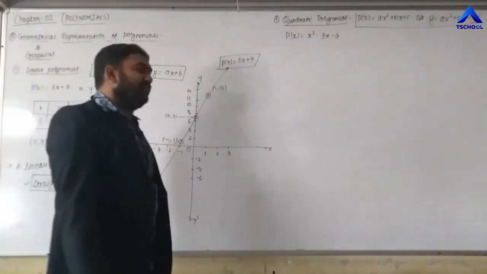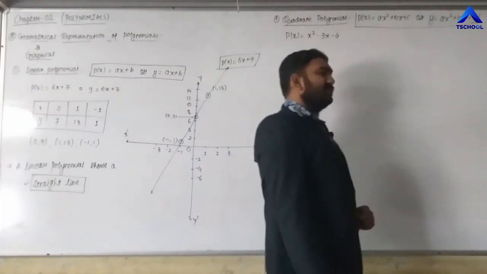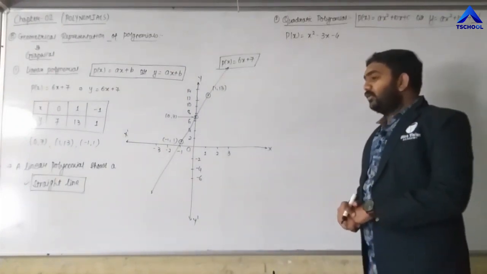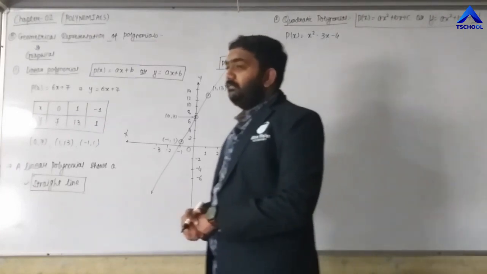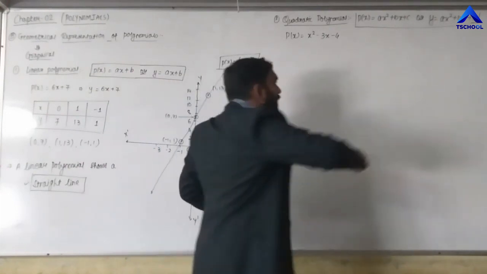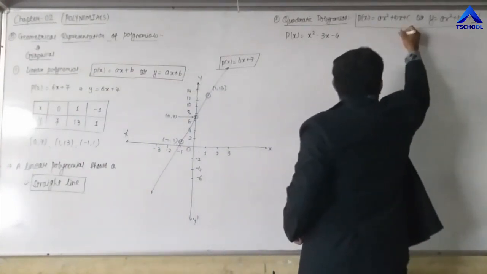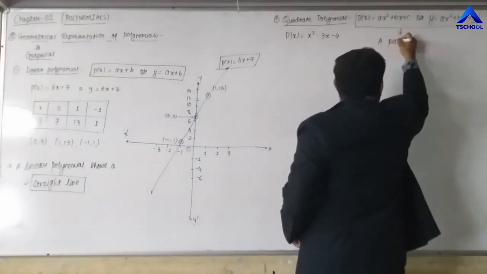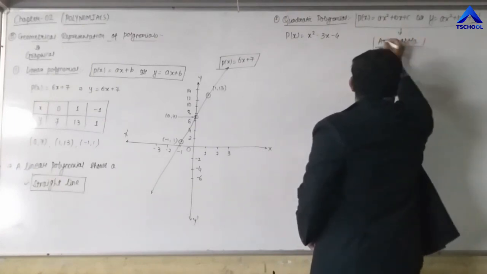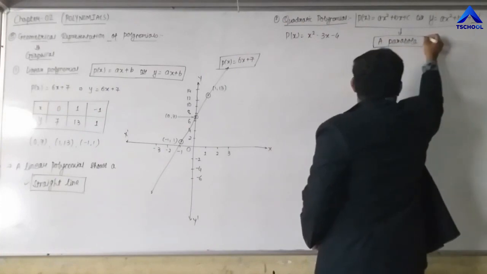Before discussing this given example, let me see what the graph of a quadratic polynomial will be. A quadratic polynomial will have a graph of a parabola. Right? The graph of a quadratic polynomial will be a parabola.